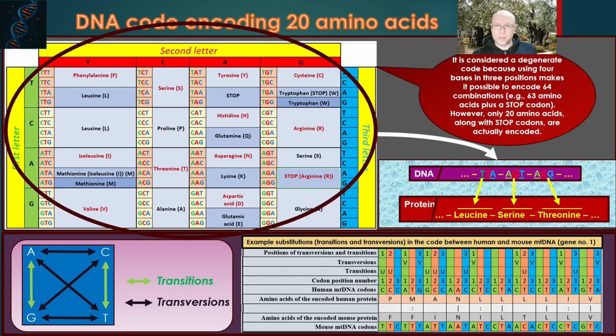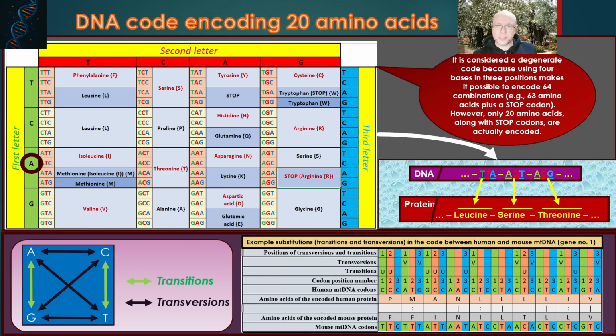And so, for example, in order to read which amino acid is encoded by the codon ACT, we find the first letter of the code on the left side of the table, which is A. Next, we look for the second letter of the code at the top of the table, which is C, and the third letter on the right side of the table, which is T. Next, we locate the code in the table at the intersection of these letters, ACT, and read the amino acid assigned to it. Here it is threonine.